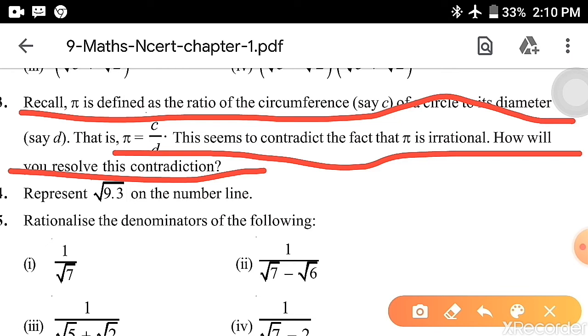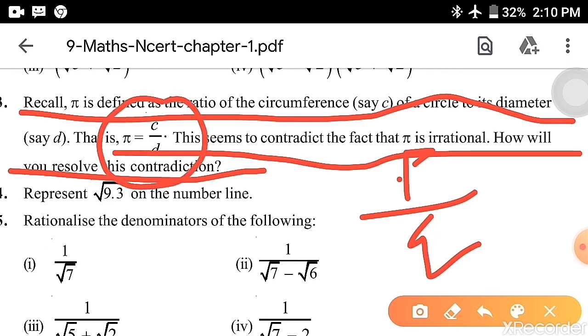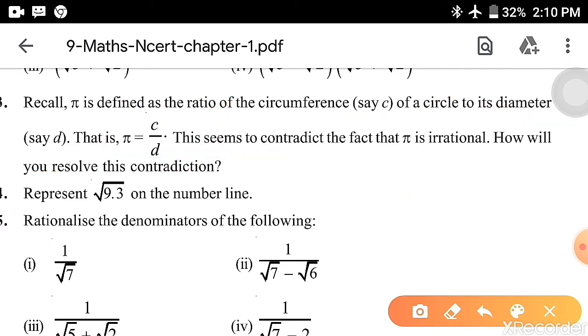As we know, all the numbers in the form of p upon q are known as rational numbers. Now you can see that if we write pi as c upon d, where c is circumference and d is diameter, how can we say that pi is irrational? Because it looks like a rational number.